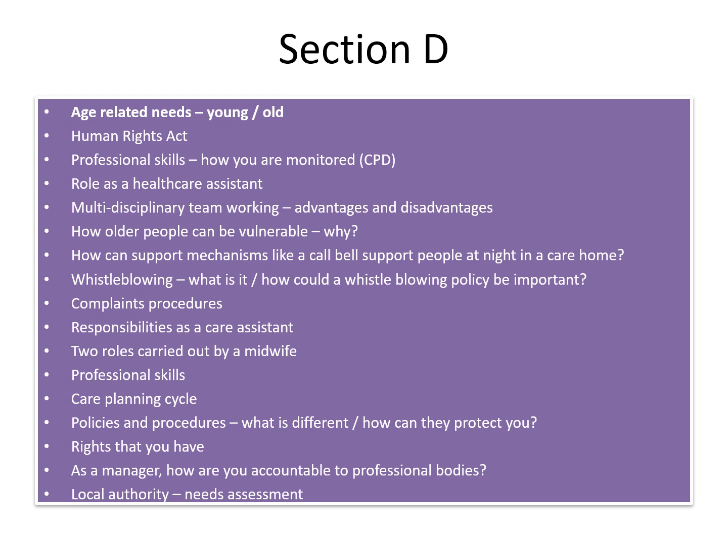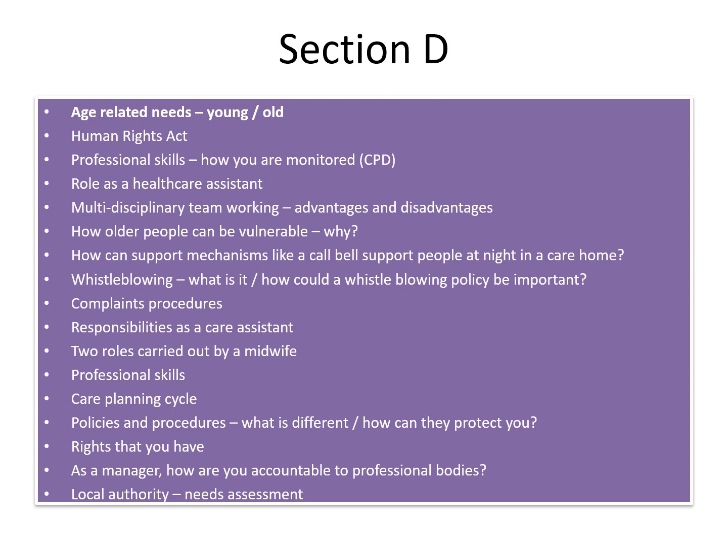Aspects that have come up in Section D tend to be age-related needs, so the very young or the elderly. Human Rights Act, professional skills required, roles as a healthcare assistant, multidisciplinary team working, multi-agency team working, the advantages and disadvantages. This is why it was so important to cover the content for Unit 5, as we need this for Unit 2. How older people can be vulnerable.